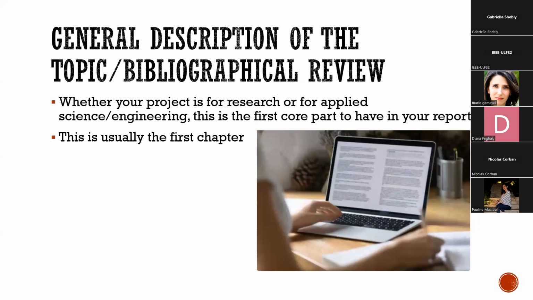So this is why the bibliographical review is very important. It is a part where you are going to explain what others did or introduce your own domain of work by the work of others, but it's not a part where you are going to tell me everything and anything about the topic itself.